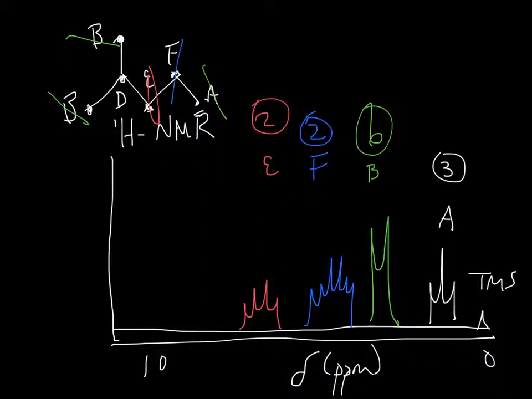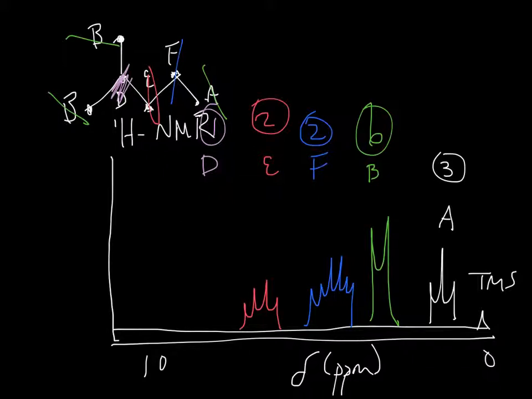And last but not least, we have D, which I'll put in that color. So there's a D, and it's going to integrate to what? 1. Now, how many will it split into? So we have 3 plus 3 plus 2, correct? 3 for the B's.